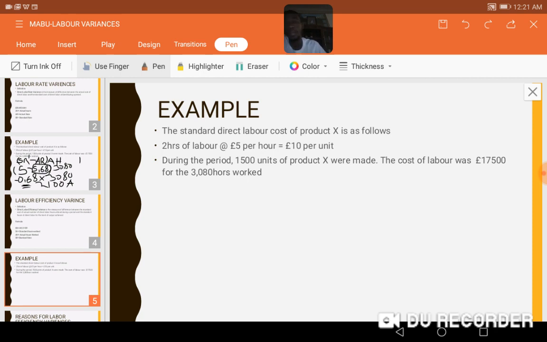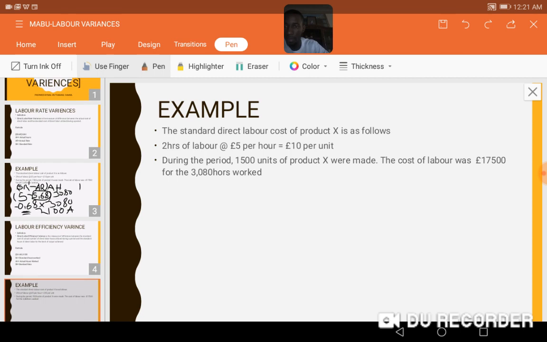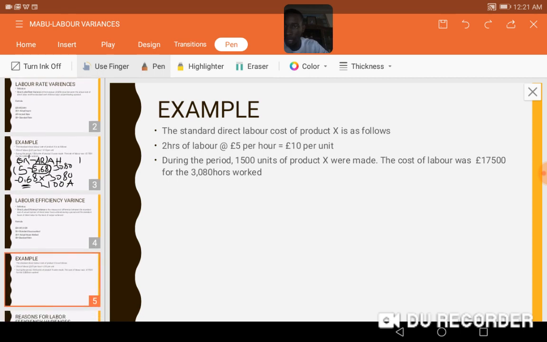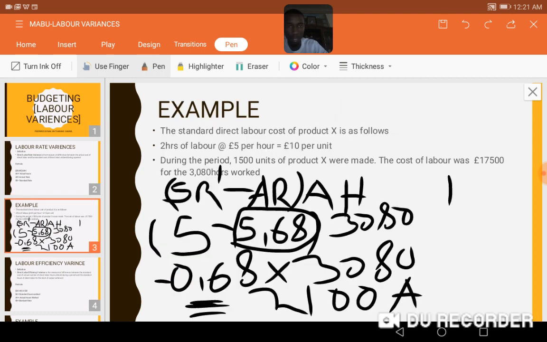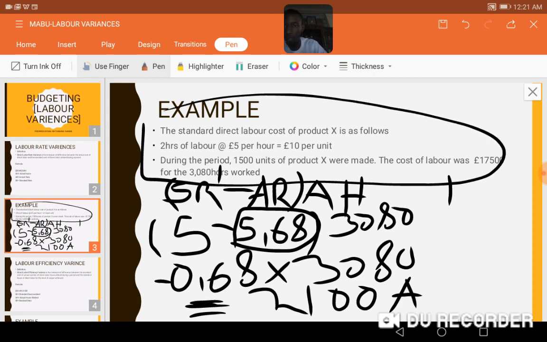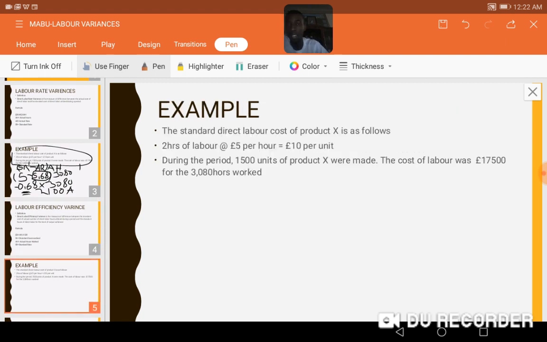The example is exactly the same information as the previous one. Same information. So, labor efficiency variance.